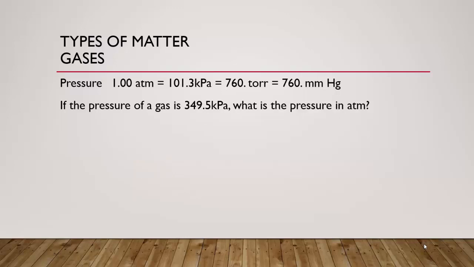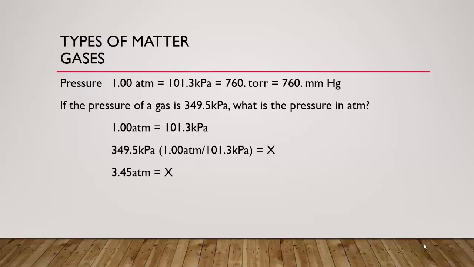Here's one for you. If the pressure of a gas is 349.5 kilopascals, what is the pressure in atmospheres? Stop, figure it out, come back, and check your answer. Go. And the correct answer is 3.45 atmospheres. How did we get this? We know that 1 atmosphere equals 101.3 kilopascals.